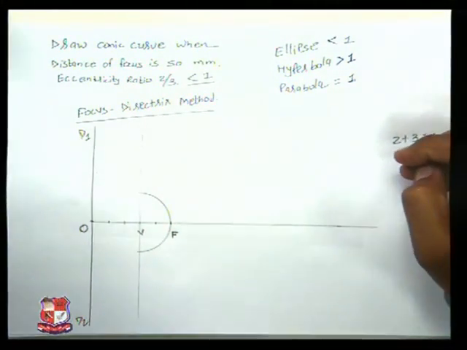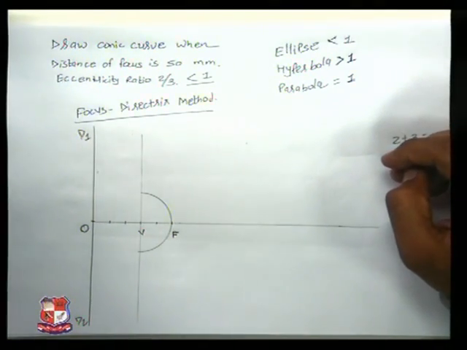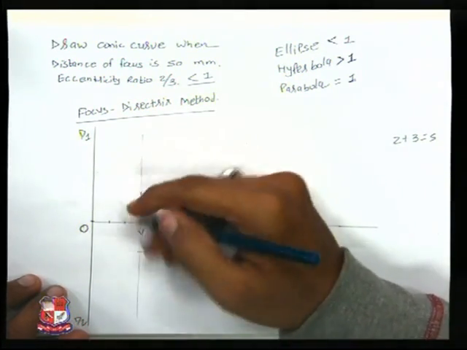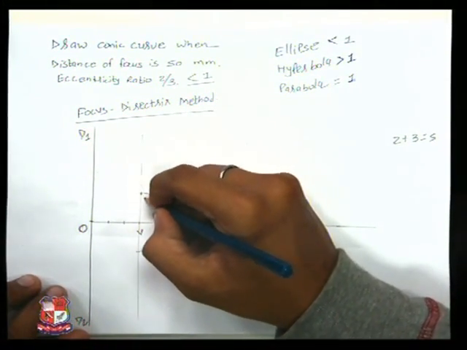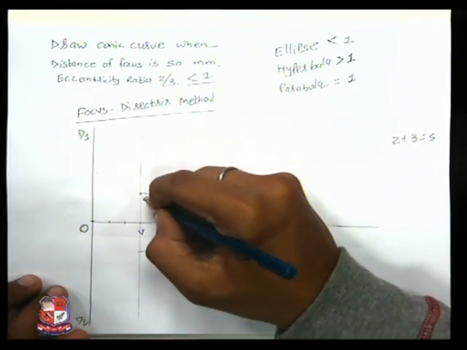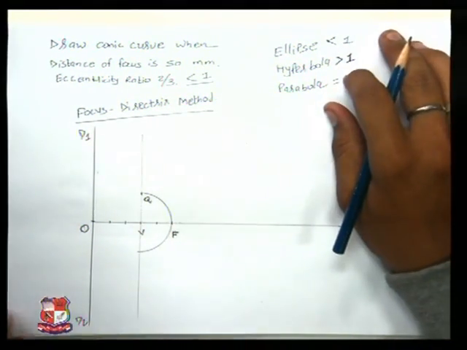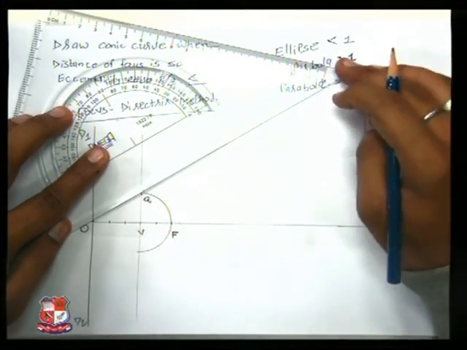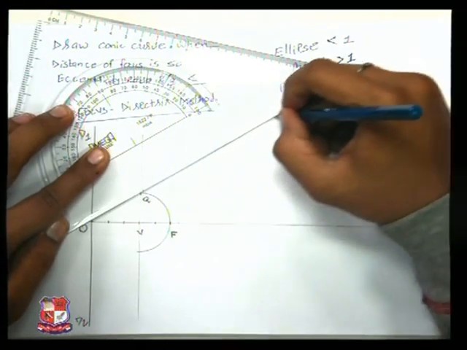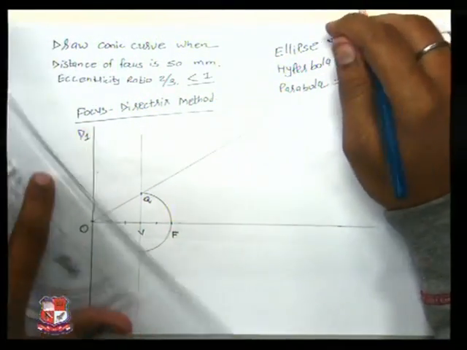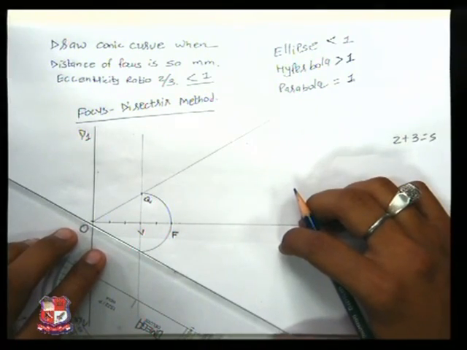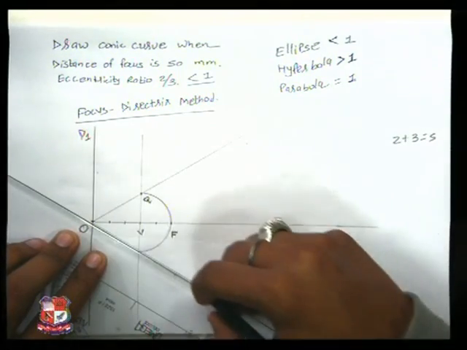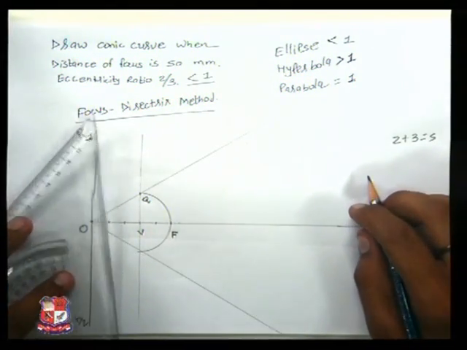Where this semicircle intersects with the vertical line, name the point as Q. Join OQ and extend it.